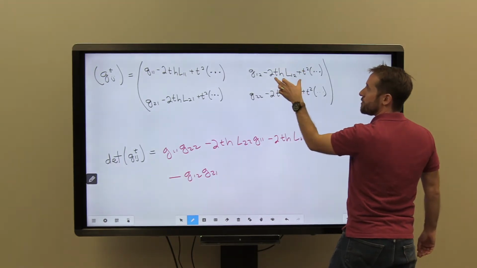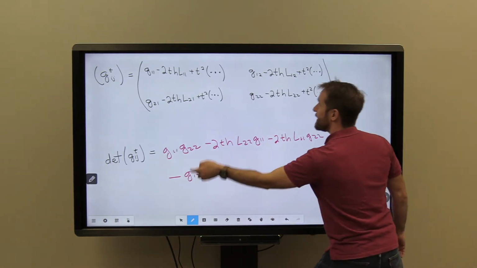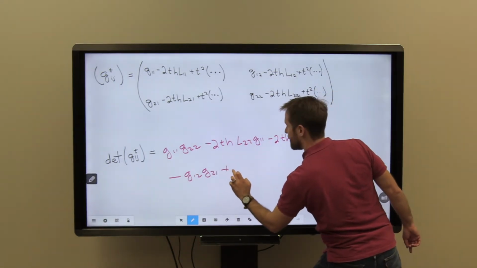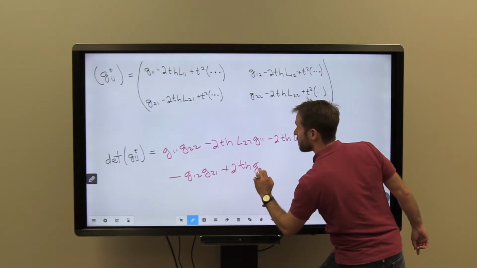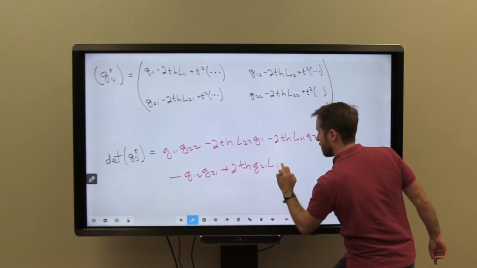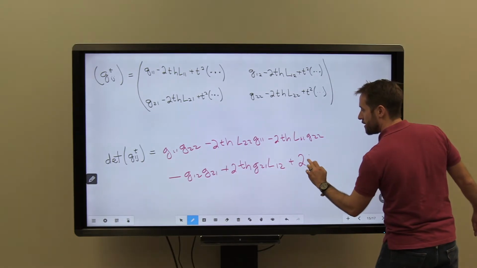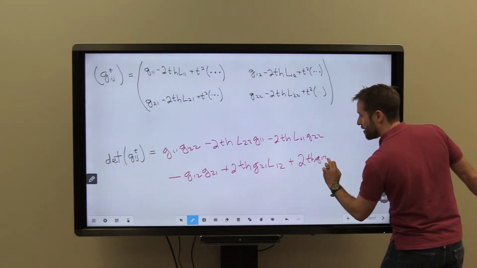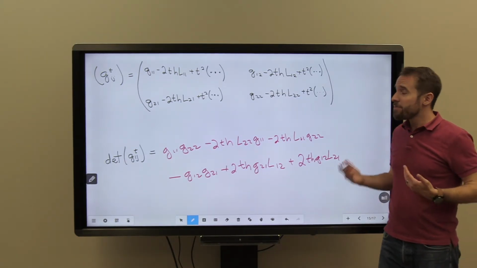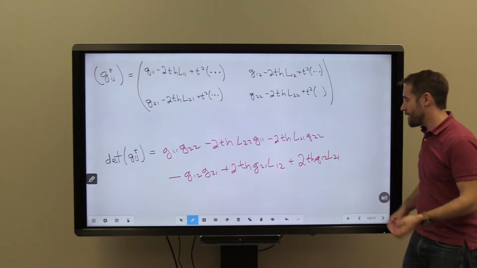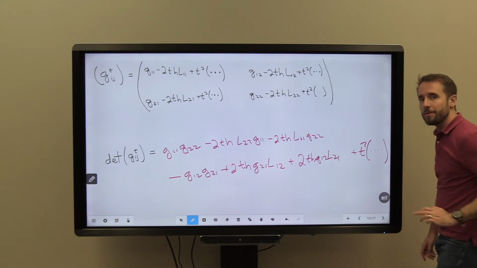I'll end up with this 2th L12 times G21, and because this is a negative, that would become a plus. And then another plus, the other term, 2th G12 L21. And everything else, again, will have too many t's on it. We'll end up with plus t squared times a bunch of stuff.